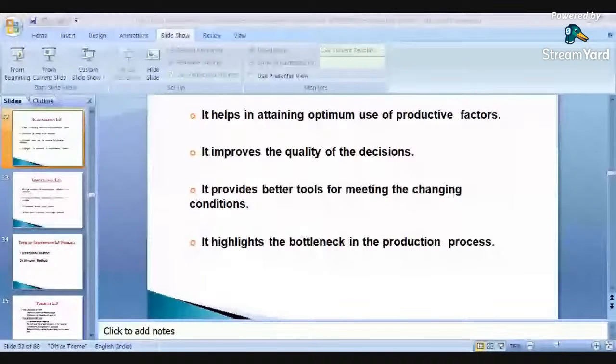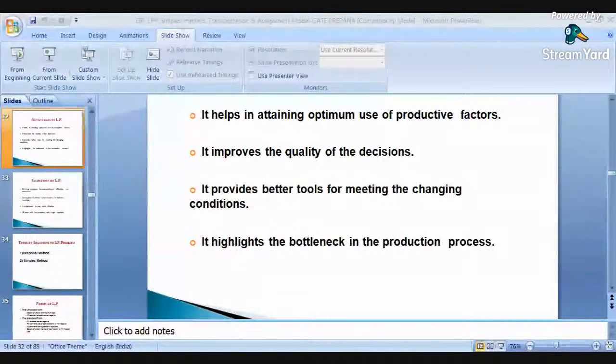And in the standard form, all variables are non-negative. The right hand side of each constraint is also non-negative, and all constraints are expressed as equations. The objective function may be of maximization type or minimization type.